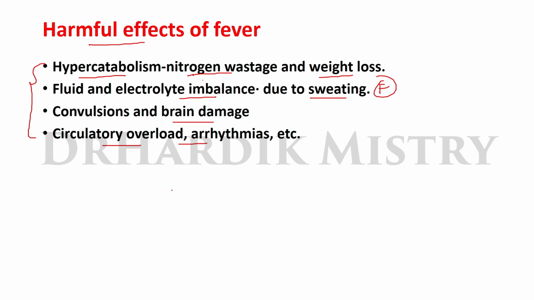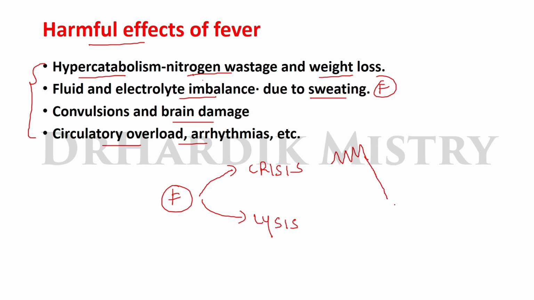And when fever happens, then how does the settlement of the fever take place inside our body? There are two mechanisms through which the fever settlement occurs. One is the crisis, and the second one is the lysis. In the crisis mechanism of fever settlement, when the fever happens, it fluctuates in a narrow range, and after the fluctuation is over, after the crisis is over, the body temperature touches the baseline.